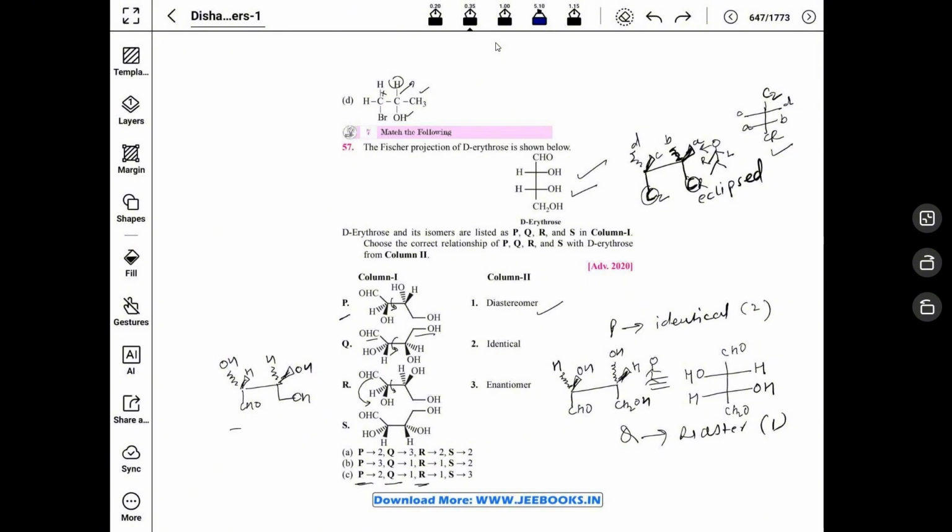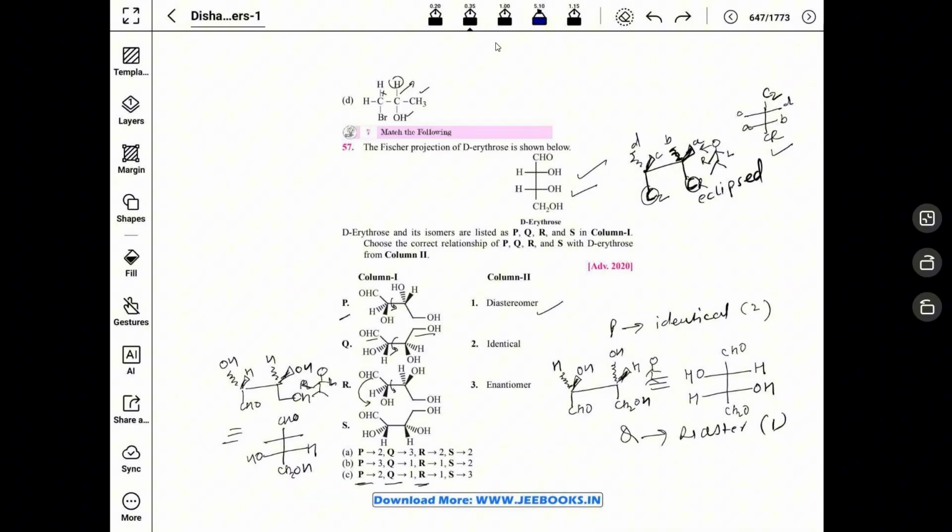So now what will be the Fisher projection? You are standing here, as I told you, this is your right side, this is your left side, and now you can see that on this chiral center, OH is on your left side and hydrogen is on your right side.